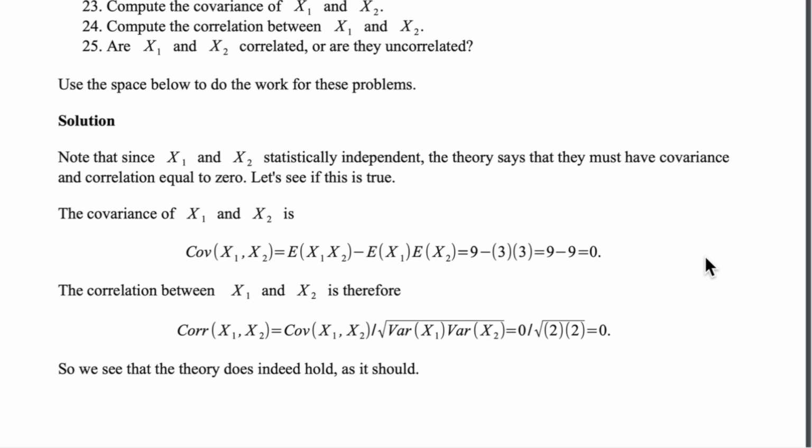Okay, so those are the solutions to the problems on this worksheet, and the reason we did this is because we've done this in the context of IID random sampling, again, independent and identically distributed random sampling. We're going to do a similar kind of exercise when we get into some other kinds of sampling techniques, for example, simple random sampling.